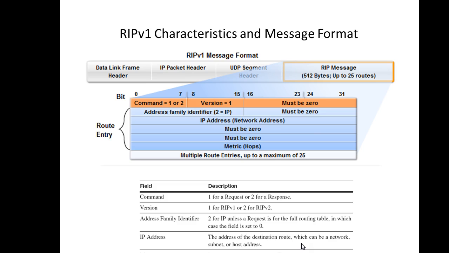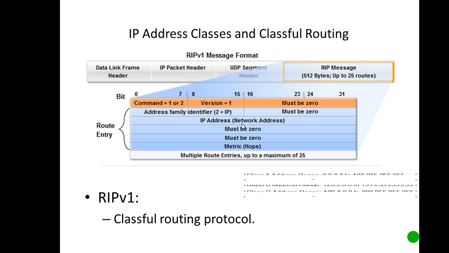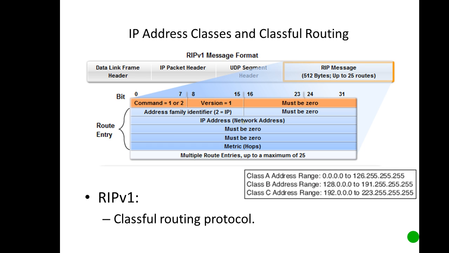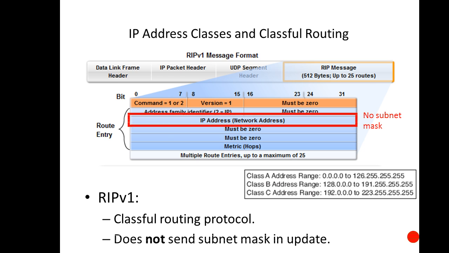If you look at the RIP message format, of course this is an IP packet, so you have an IP header and then there's a RIP message. In this entry there is a field where you can specify the IP address, but there's no field where you can specify the subnet mask. So no subnet mask information is embedded in the RIP message.